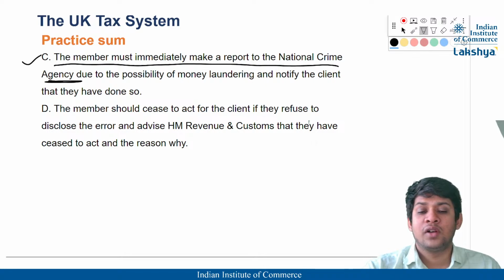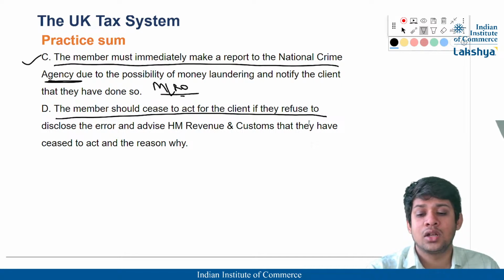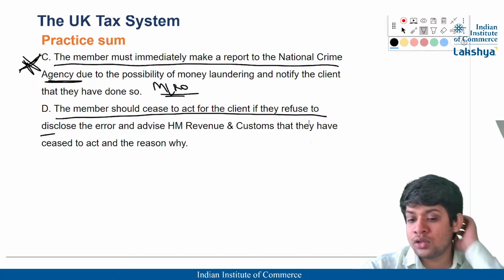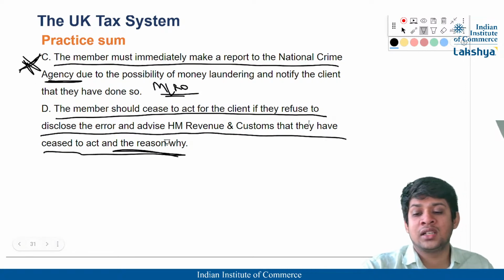No, first he shall check and then only decide whether he wants to make the report to the National Crime Agency or not. Technically, that is done by the MLRO, not the tax agent. D: The member should cease to act for the client if they refuse to disclose the error and advise HMRC that they have ceased to act and the reason why. So technically, this will be wrong.